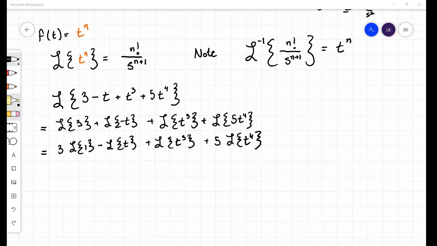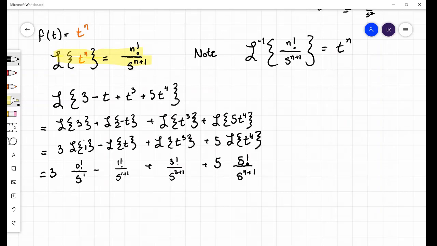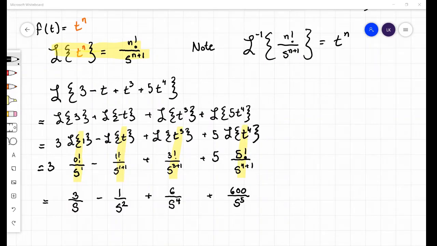Using linearity again, we can bring out the constants multiplying the functions of t. Using the formula that we derived for the Laplace transform of t to the n, we get the Laplace transform of 1, the Laplace transform of t, t cubed, t to the fourth. And we can simplify.